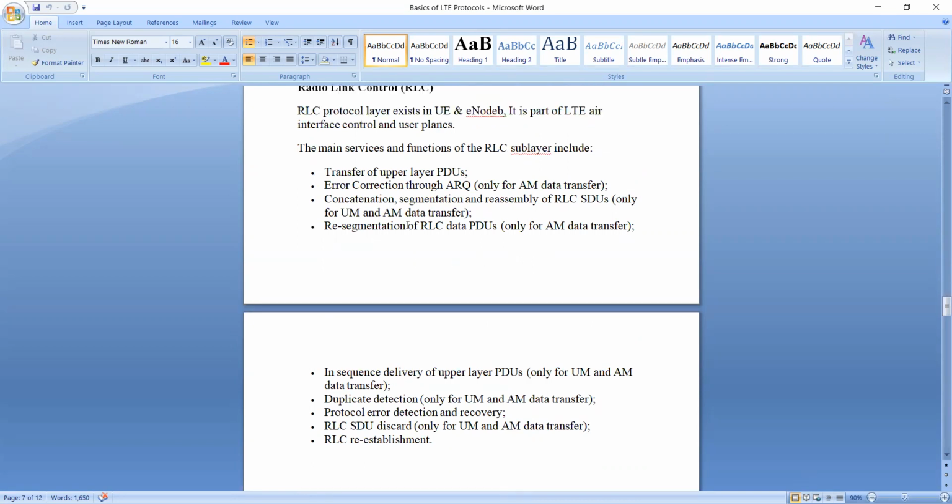So let's write about these things. RLC is responsible for error correction through ARQ.